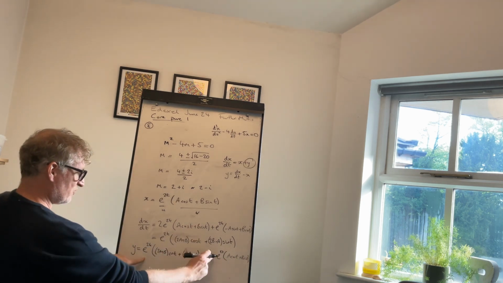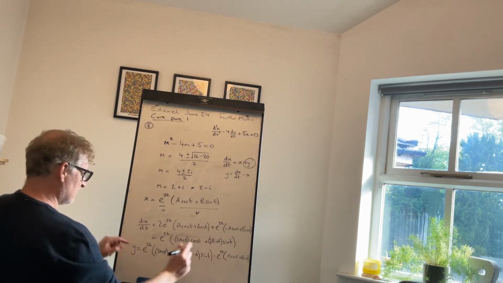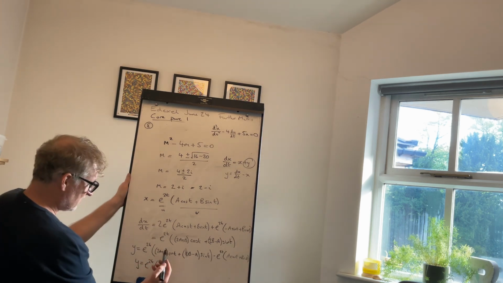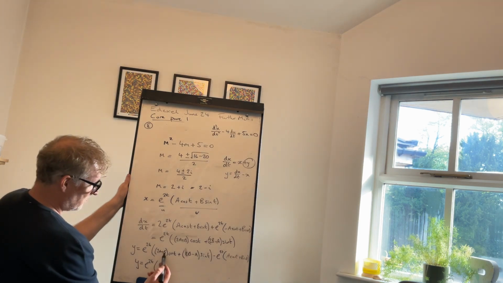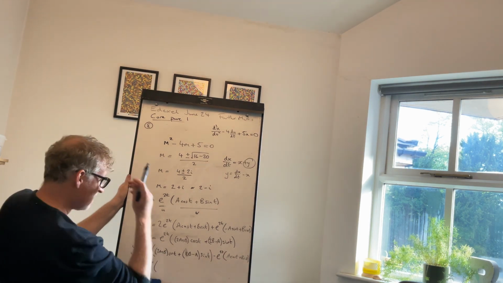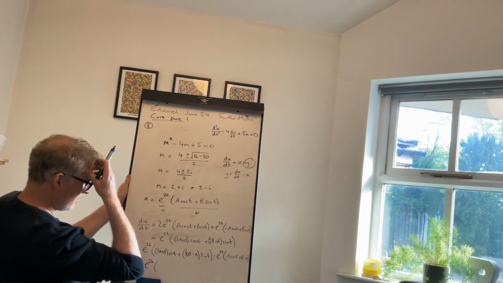And again, let's group them together. So we have y equals e^(2t), sorry. Now, cos t's. Here we've got 2a plus b. Here we are subtracting a b. So we're just going to have 2a cos t's.